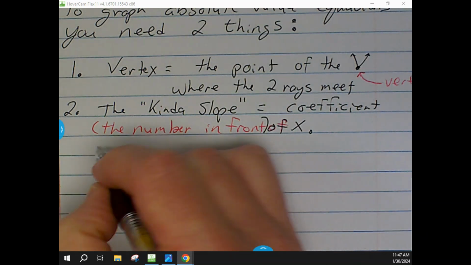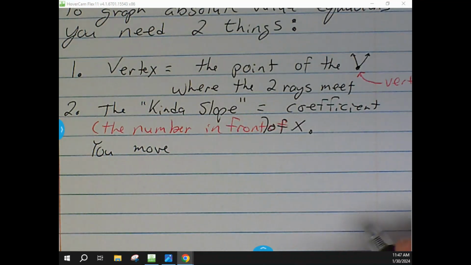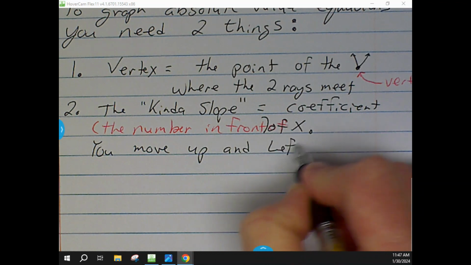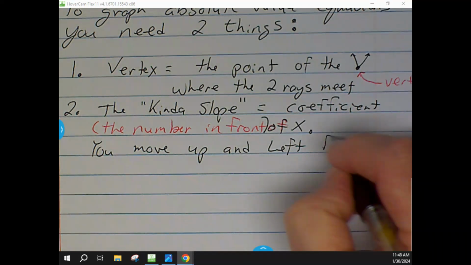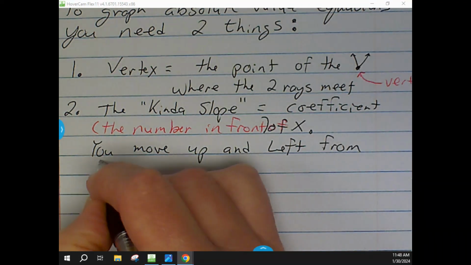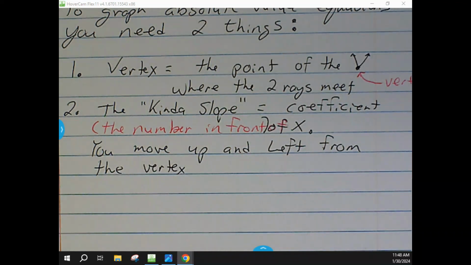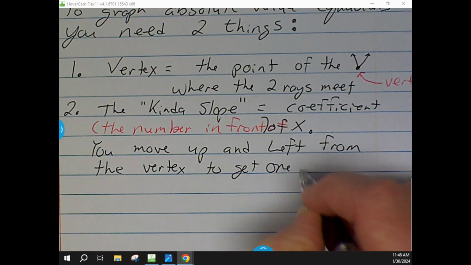Basically, you move up and left from the vertex. So you get 1 point.